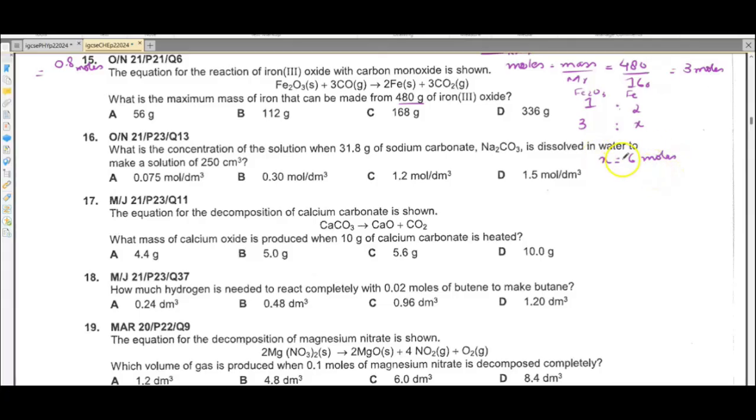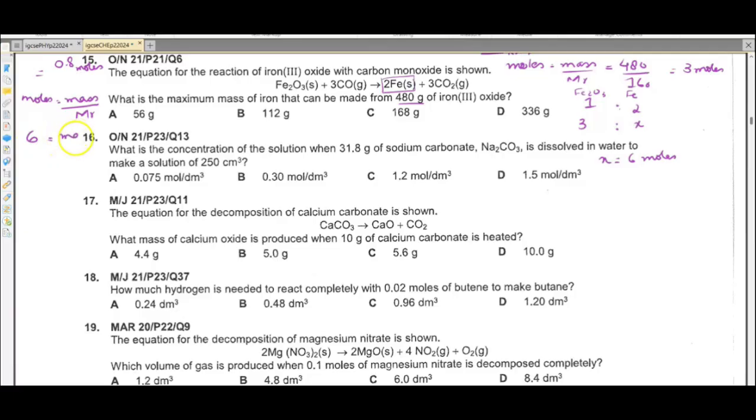Now once we have the moles of iron, it is very easy to find its mass. We use the same formula, moles is equal to mass of the substance by MR. The mass of the substance we have to find.